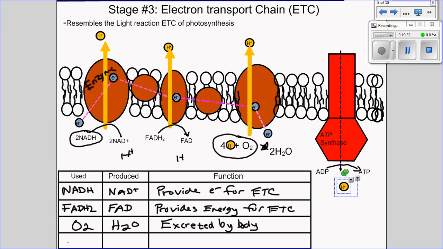And then lastly, you have your ADP getting converted into ATP, which is used for energy by the body.